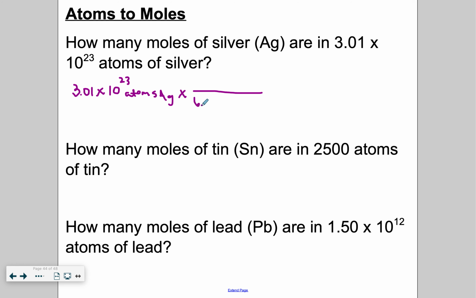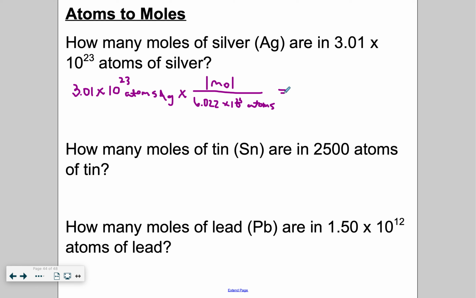6.022 times 10 to the 23rd atoms, that is equivalent to 1 mole. I think the difficult part is typing it into a calculator.